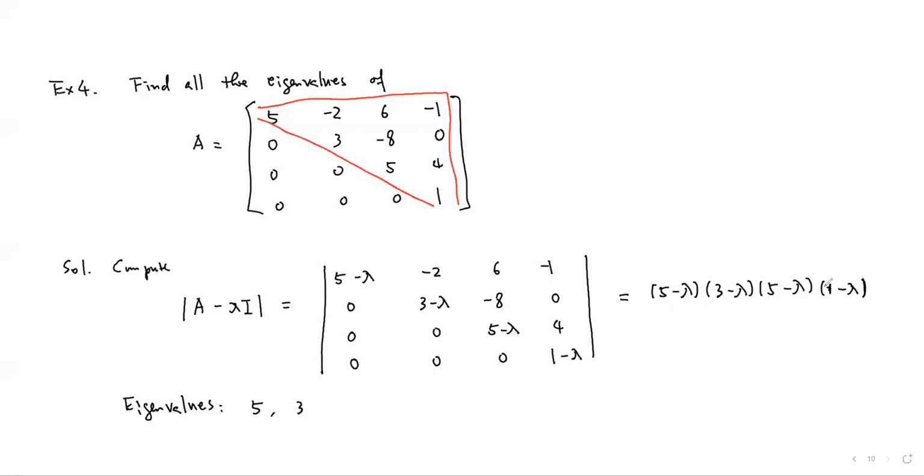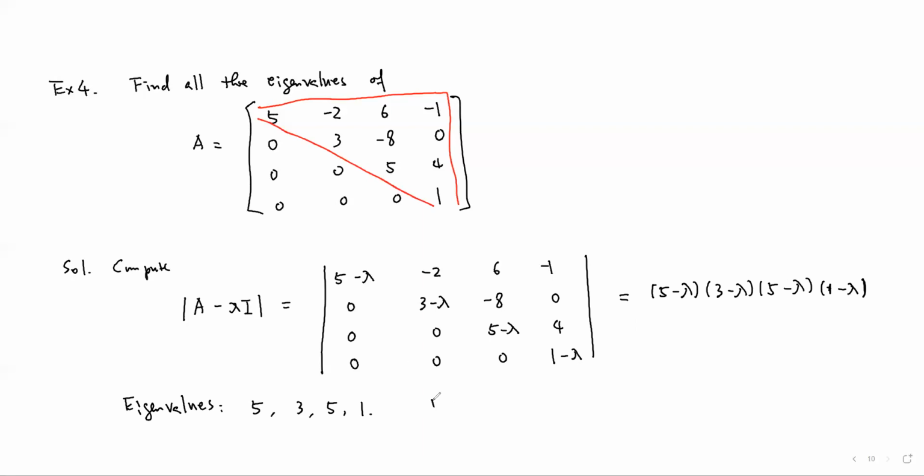Plug in number 3, the product is 0. And then plug in number 5 again here. Plug in number 1. So a 4 by 4 matrix has 4 eigenvalues. These are the 4 eigenvalues. From this result, we can see that the eigenvalue 5 is repeated twice.